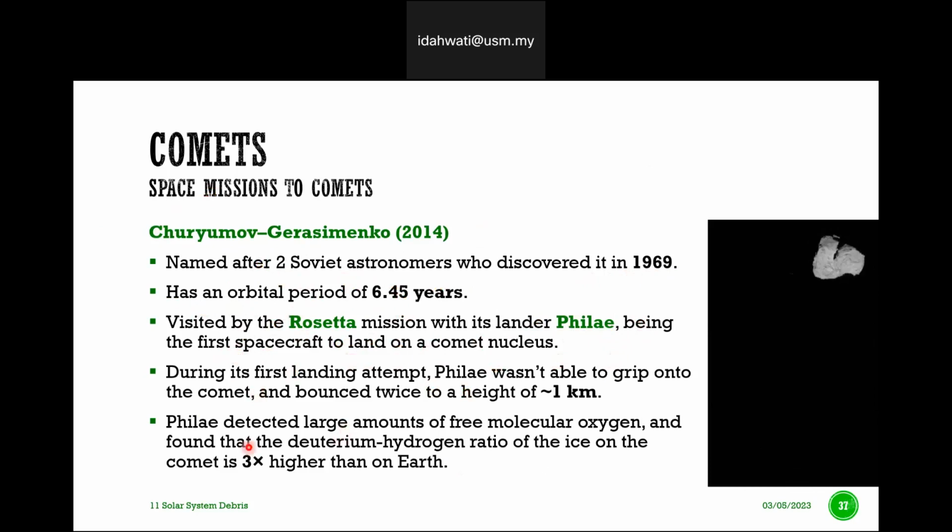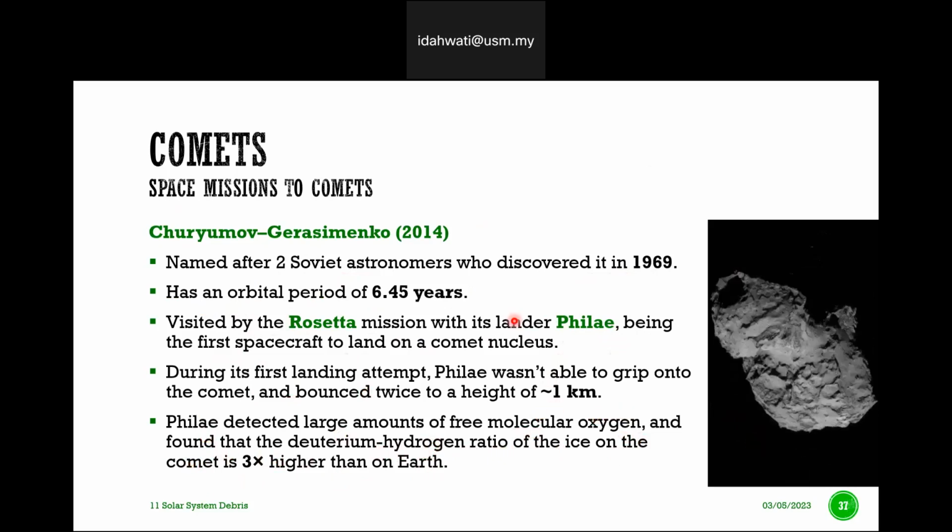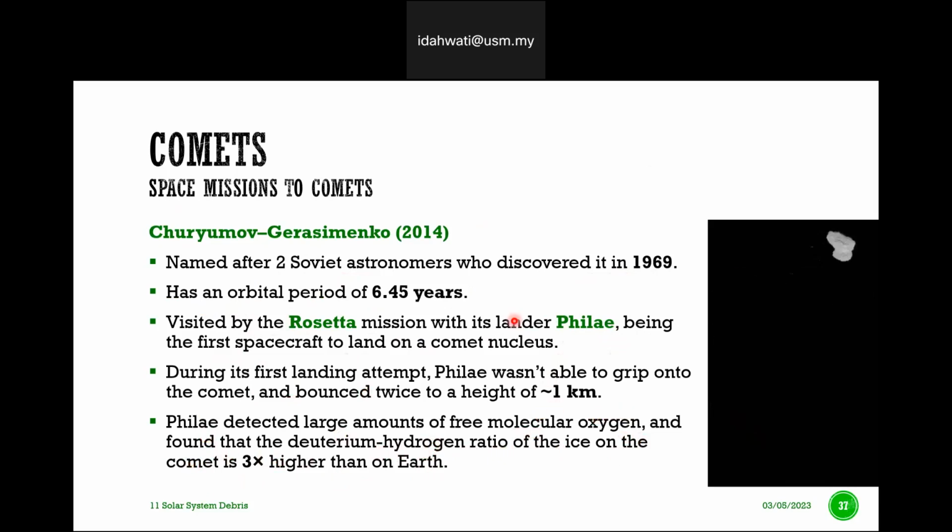Philae detected a large amount of free molecular oxygen and found the deuterium to hydrogen ratio of the ice on the comet is 3 times higher than on Earth. So that is the space missions to comets.